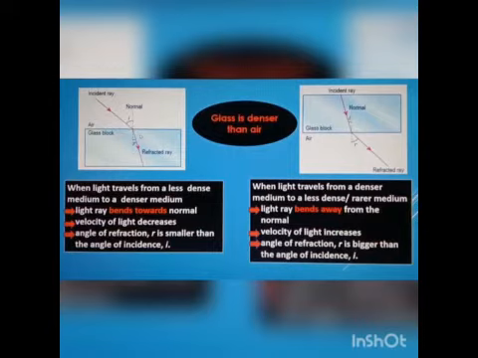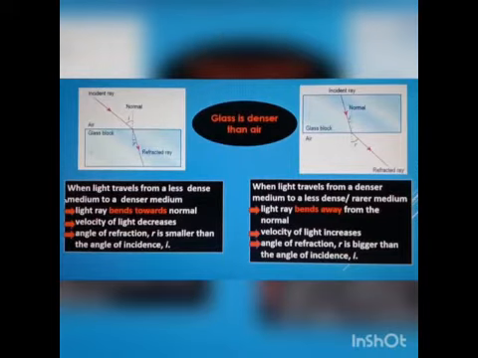So you can see how the light ray deviates from its original path. This broken line is actually the line where there is no change in density of medium. So you can see how the light ray deviates from its original path when there is change in density.